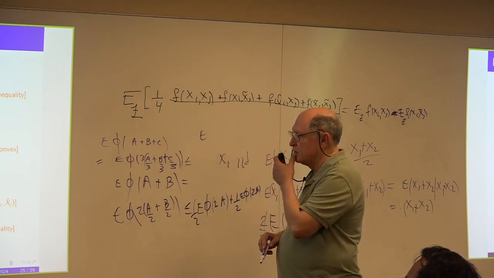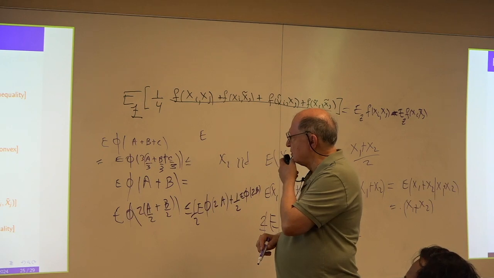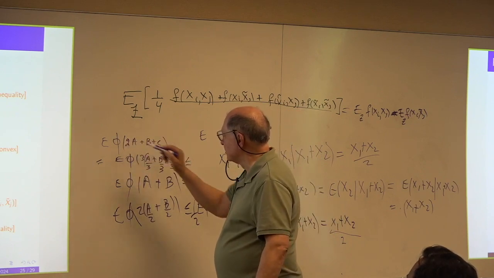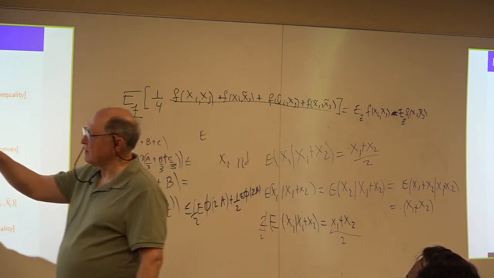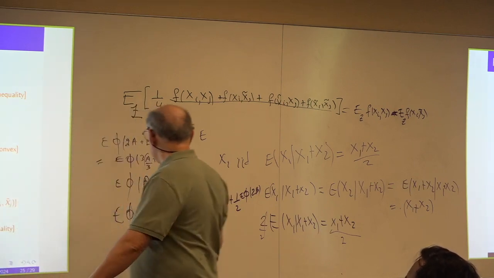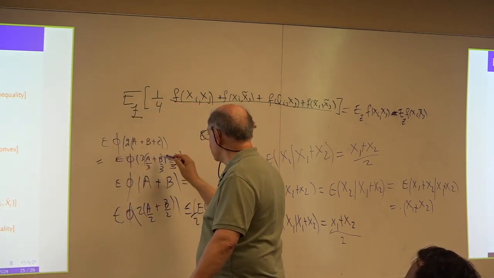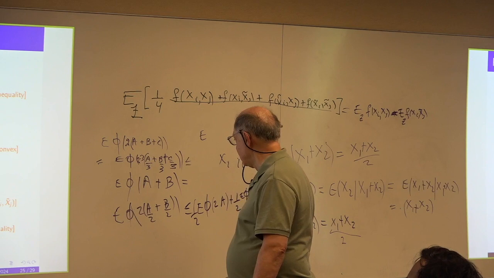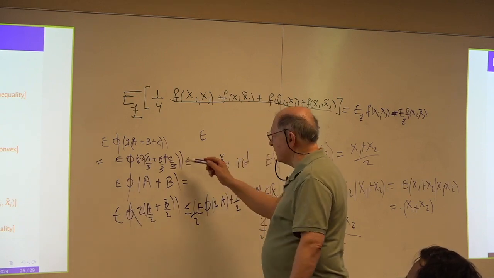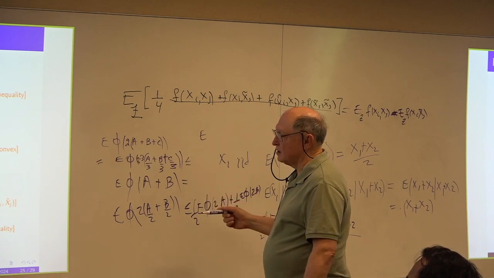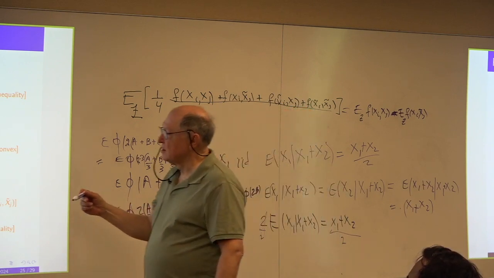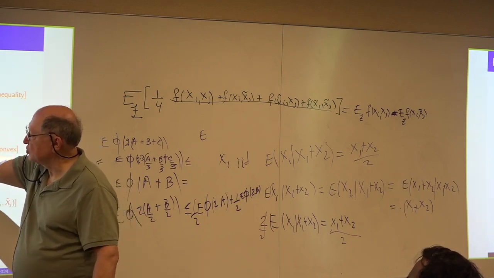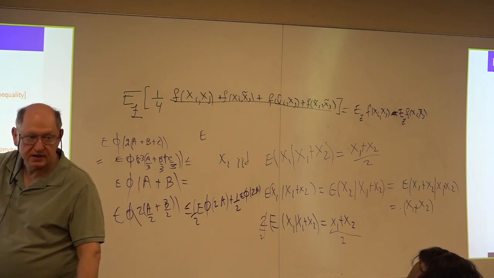Let me think. Oh, yes, I had 2 here. I'm working with this term. So it's 1/2 expected phi of 2. So then I replace this 2 times 3. So that's a 6. And so that's how, by using the convexity, I can replace this: the expectation is bounded from above by the expectation of each term times 6 inside.